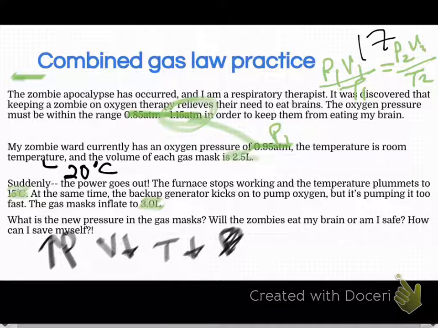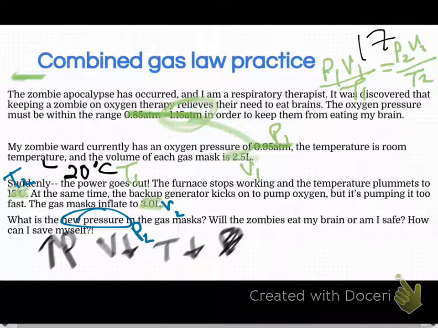I'm going to call this one T1 for the same reasons. Temperature is Celsius. And then V1 must be liters there. Okay, so then I keep going, and I'm going to do P2. I guess we're trying to find P2. So that must mean 3 liters is V2, and the temperature 2 is 15.